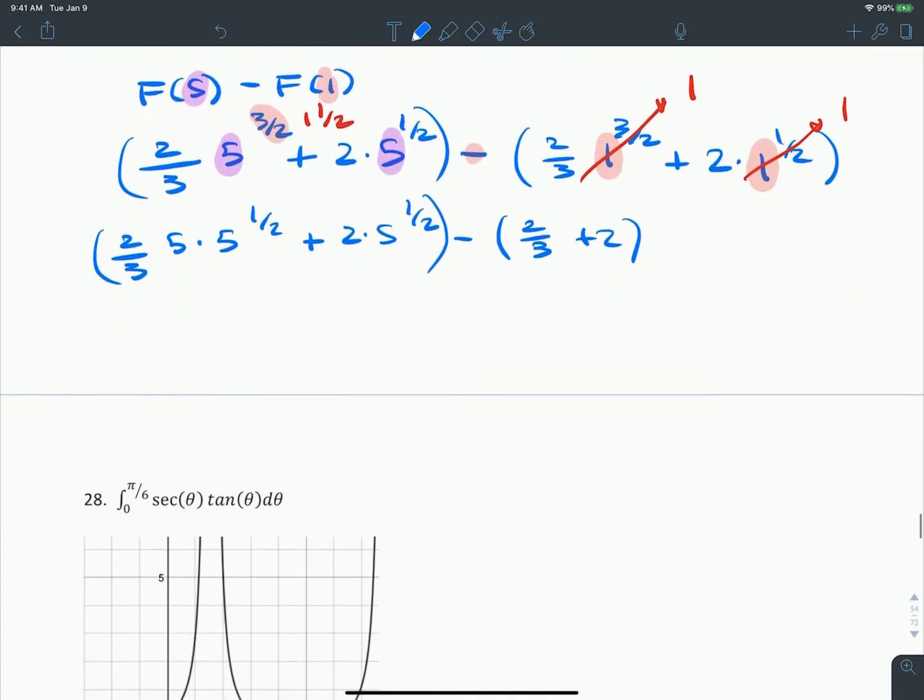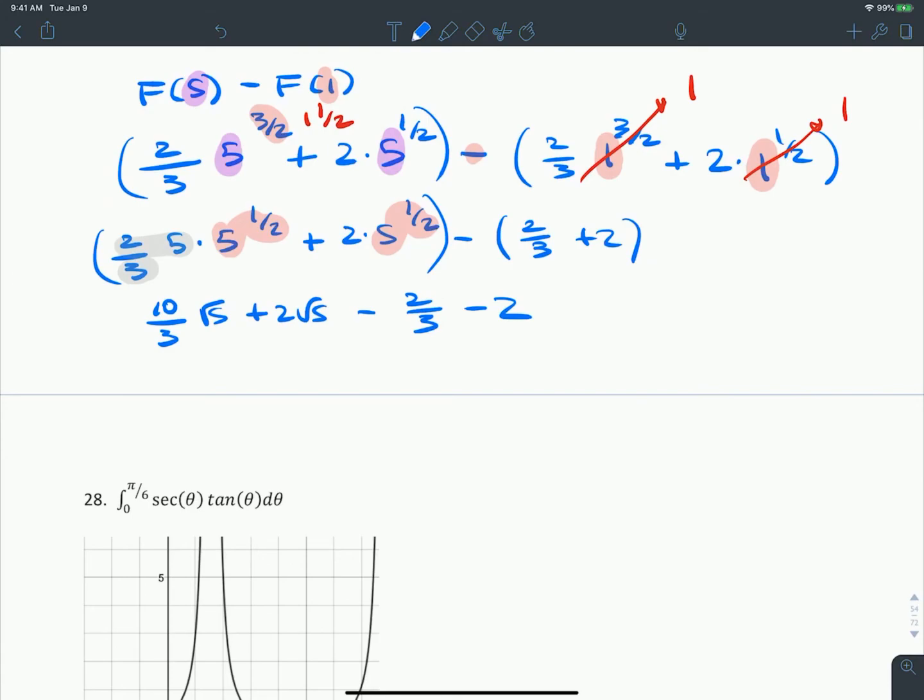And so we're going to have to do some arithmetic here. Notice that the 5 to the 1/2 here is just the square root. So we're just going to multiply here, and we're going to get 10/3 the square root of 5 plus 2 times the square root of 5 minus 2/3 minus 2.